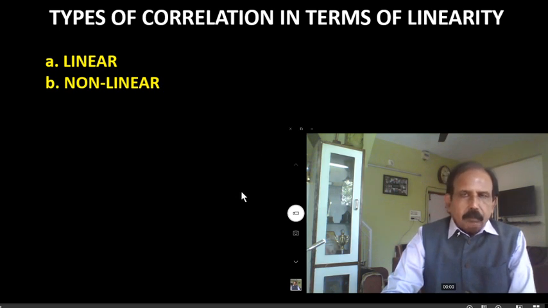If the relationship between two variables can be expressed through a straight line, then there will be linear correlation between two variables. And what is non-linear correlation? If the relationship between two correlated variables cannot be expressed through a straight line, then there will be non-linear correlation between two variables.